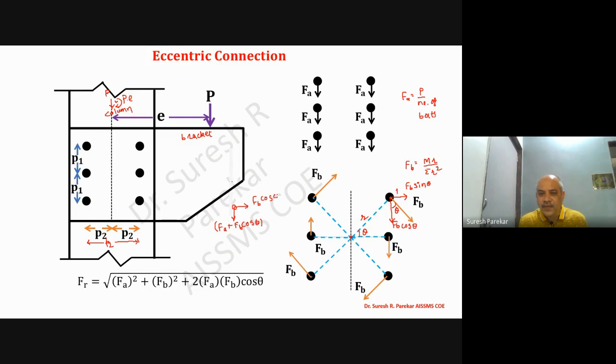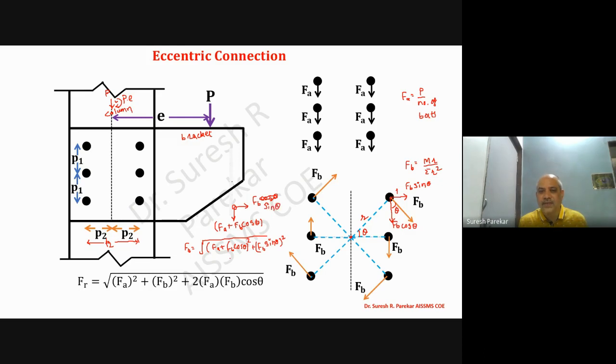And then if we will find resultant of this, then we will get Fr, that is equal to root of Fa plus Fb cos theta whole square plus Fb sin theta whole square. So we have, this is Fb sin theta.